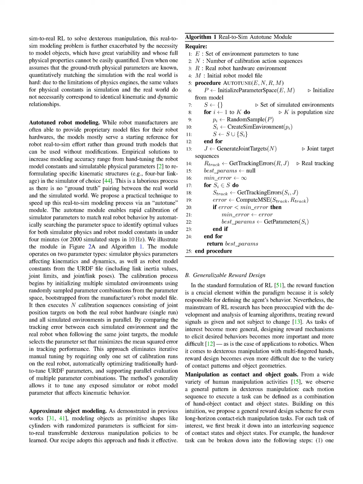First, the auto-tuning module automates the calibration of simulator parameters to match real robot behavior, significantly reducing the manual effort required for real-to-sim modeling. It operates by initializing multiple simulated environments with random parameter combinations, executing calibration sequences, and selecting the parameter set that minimizes tracking error between the simulated and real robot.